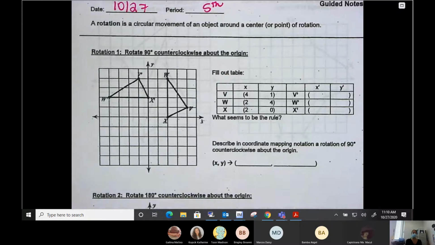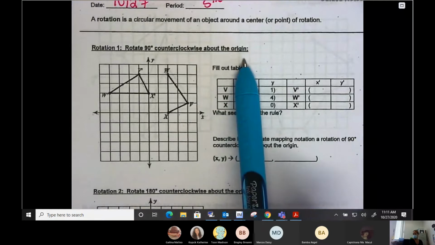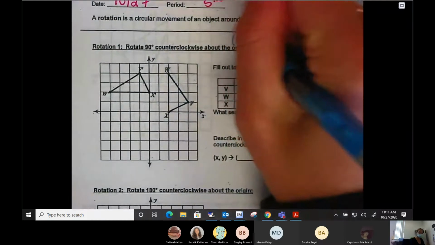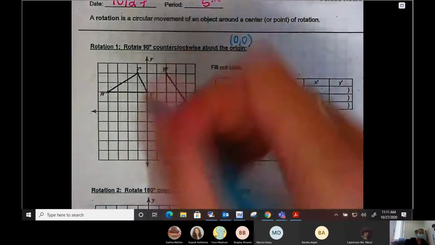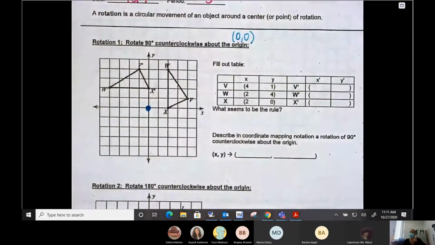Where is the origin located? On a graph, where's the origin? Where they intersect, so 0, 0 is my origin. So I'm always going to turn my graph around the point 0, 0. So I'm going to put a point there to show that.